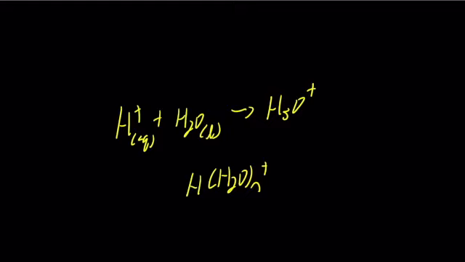Now, what happens if we're dealing with a base? What would that look like exactly? One example would be incorporating sodium hydroxide. Now, using the Arrhenius definition, how do we analyze it? What's going to happen?